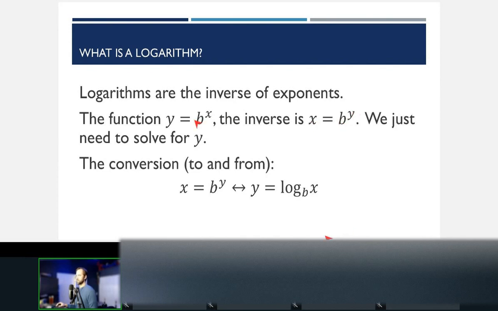Remember last week, whenever you wanted to find the inverse, we would just switch x and y, and then we would resolve. So we switched x and y, but we didn't resolve it. We do have to solve for y, but this is the inverse to start. And then you do the math, and we get y equals log base b of x. After we switched x and y, you solve for y and you get this.